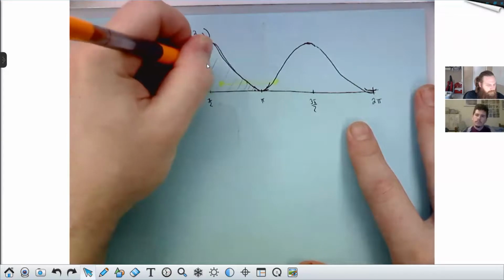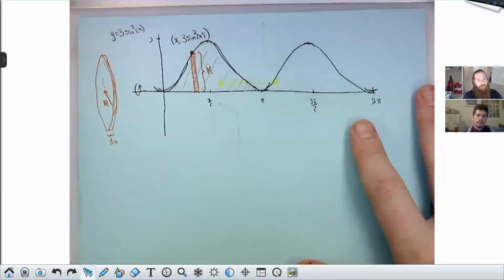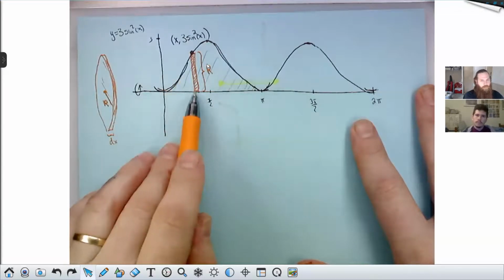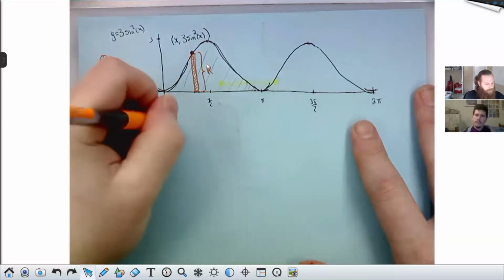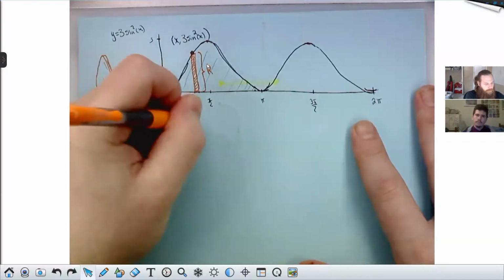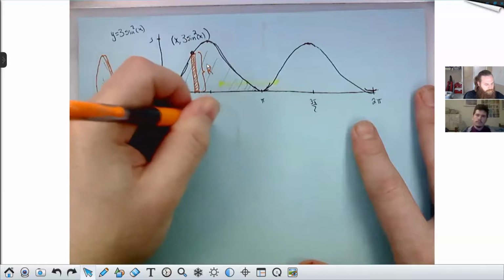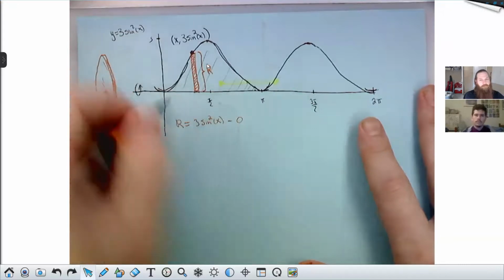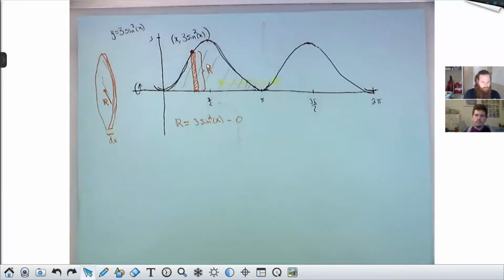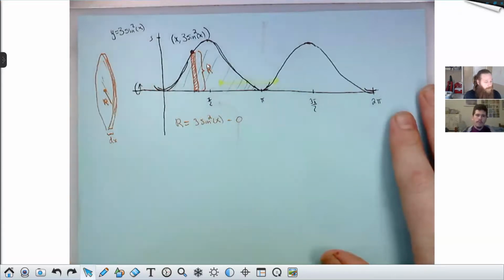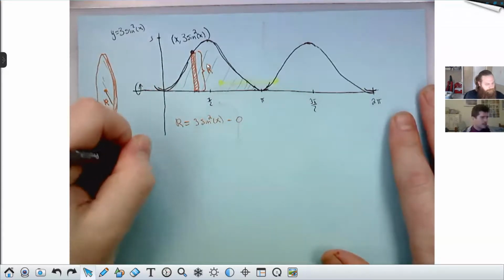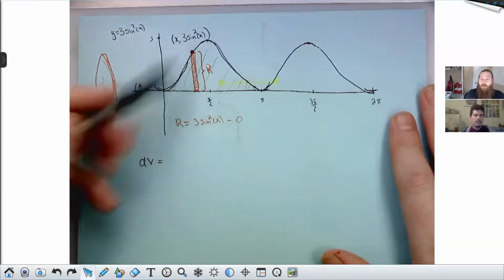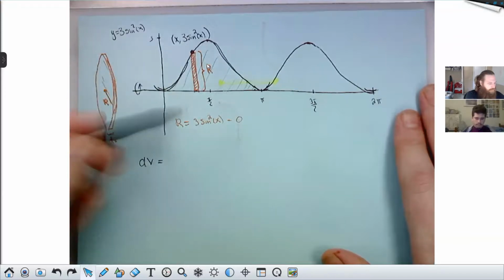That's the y value here minus the y value down here. So R is 3 sine squared x minus 0, because the y value down here is 0. Cool. Now we're ready to rock. I think I misspoke earlier when I called it sine cubed when it was actually just squared. Yep, just 3 sine squared x.